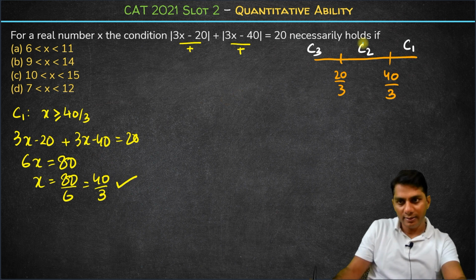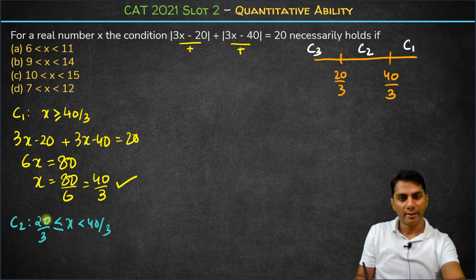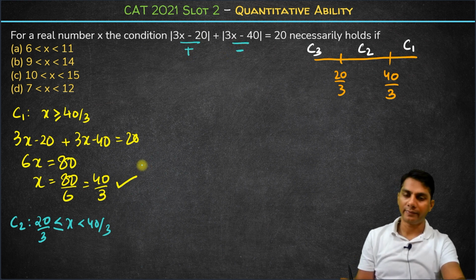Next, let's look at the second case. The second case is when x is less than 40 by 3 but greater than or equal to 20 by 3. In this case, this expression will be positive but this expression will be negative.